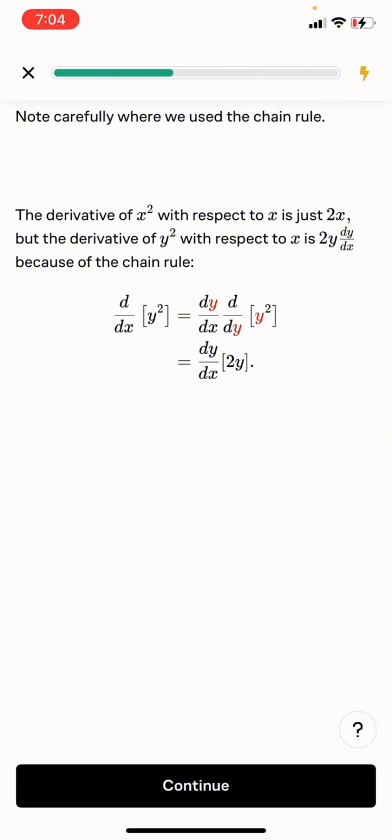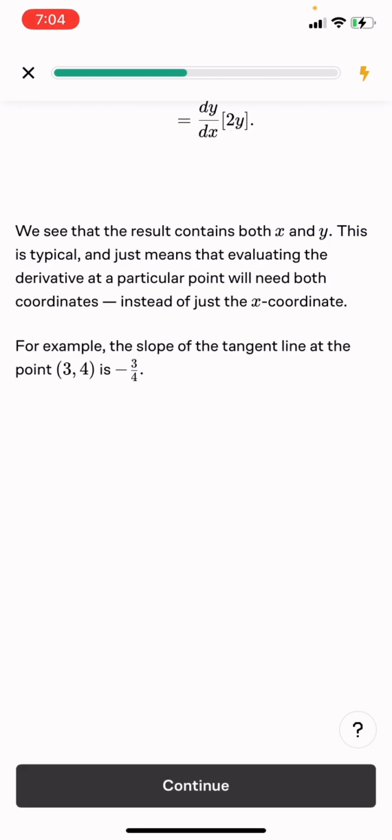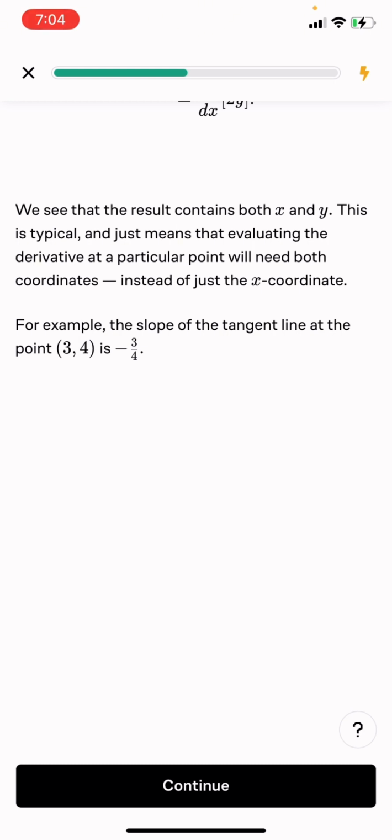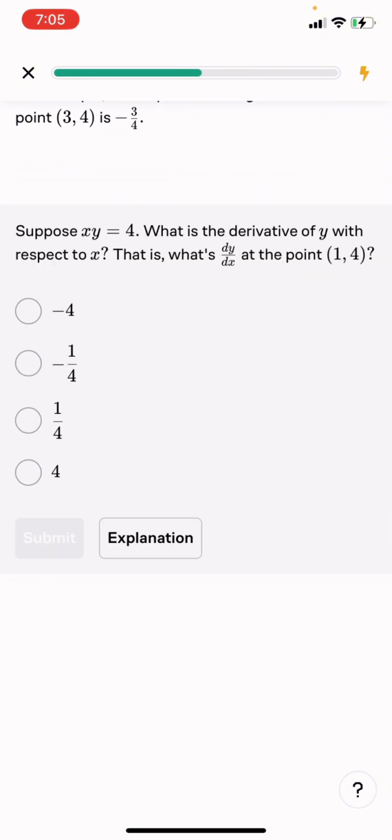We can see that the result contains both x and y. This is typical and just means that evaluating the derivative at a particular point will need both coordinates instead of just the x coordinate. For example, the slope of the tangent line at the point 3, 4 is negative 3 over 4.